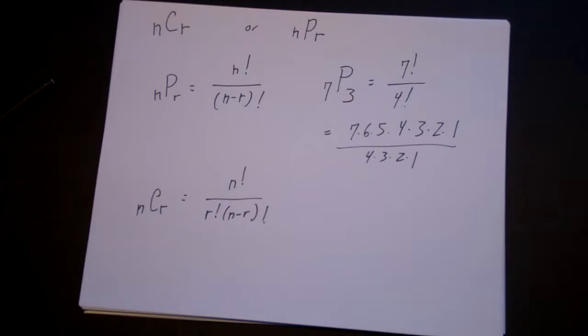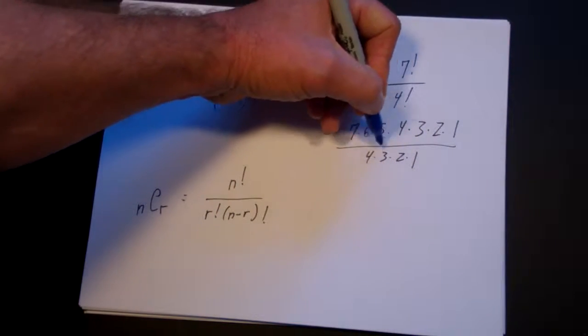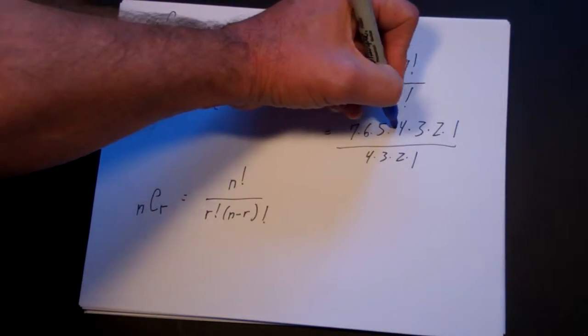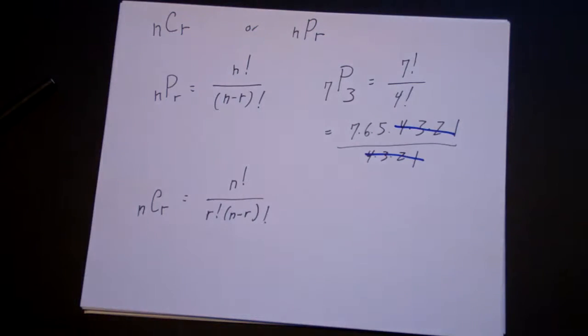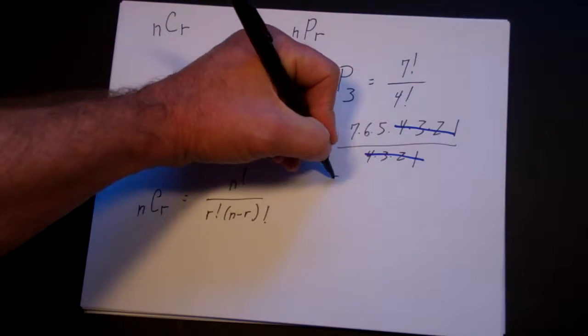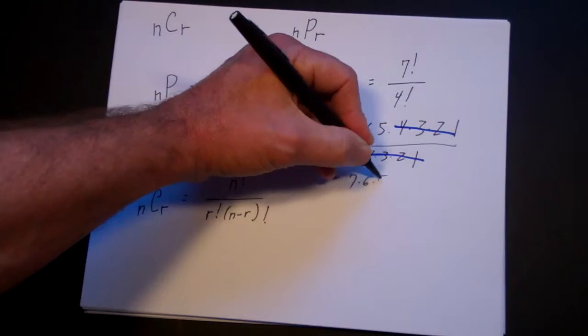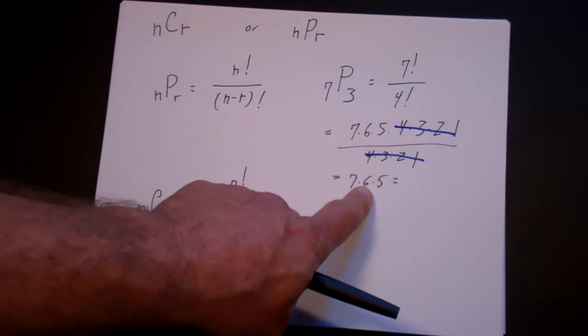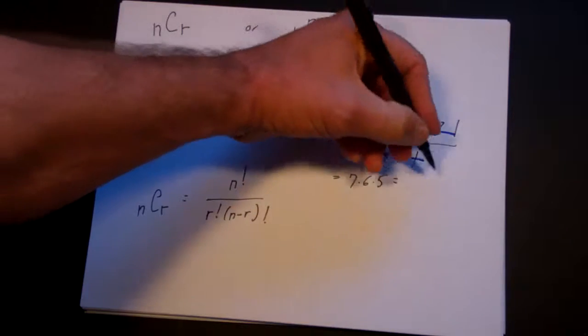If you notice, the 4 cancels with the 4, the 3 with the 3, the 2 with the 2, and the 1 with the 1. You end up with just 7 times 6 times 5, which is 30 times 7, or 210.